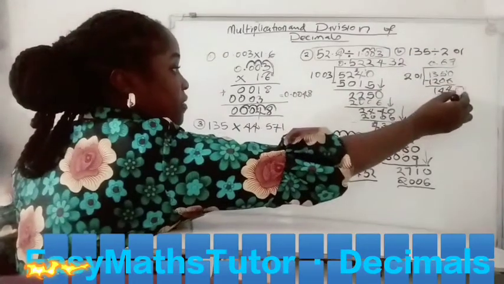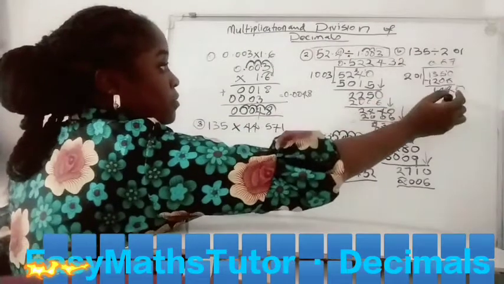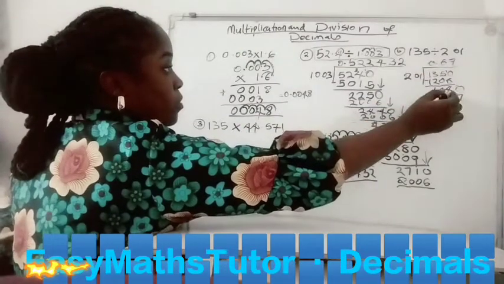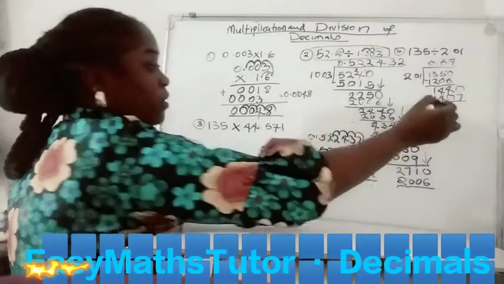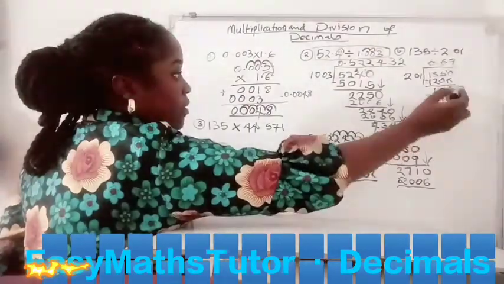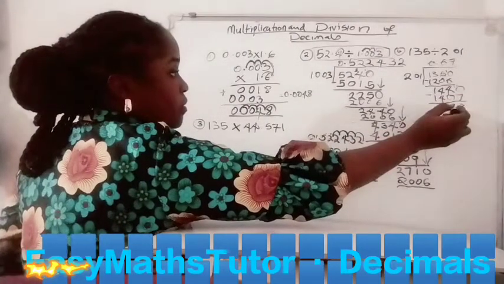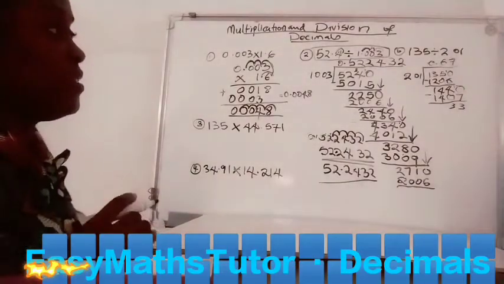We'll have 7, 7, 0, 14. Okay? So when we subtract this, we will have 3, 3. I think we're almost very close to our answer.